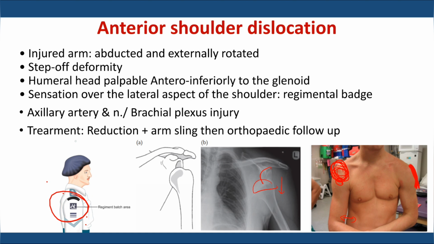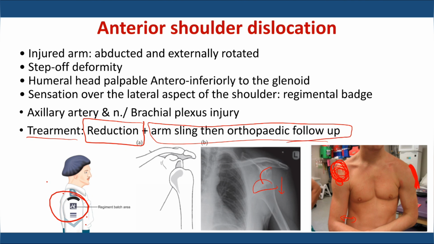The treatment of anterior shoulder dislocation is reduction in the emergency department, then an arm sling, then orthopedic follow-up, especially for repetitive shoulder dislocation, because the joint becomes very loose and may dislocate easily.